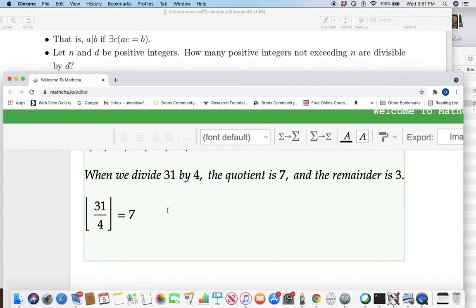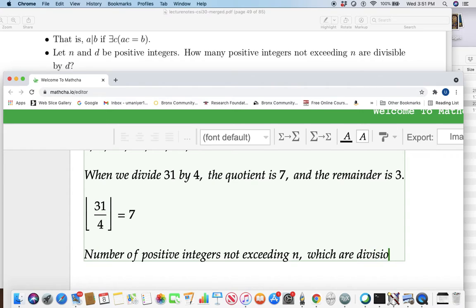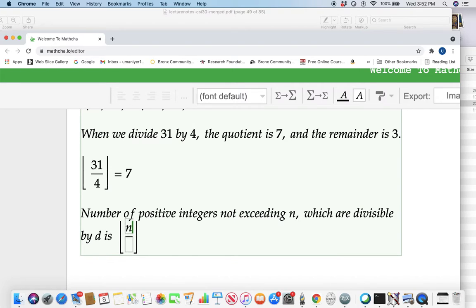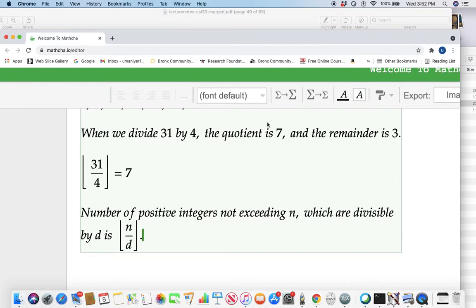How many positive integers not exceeding n which are divisible by d is the floor of the fraction n over d. That's what it is. All right.